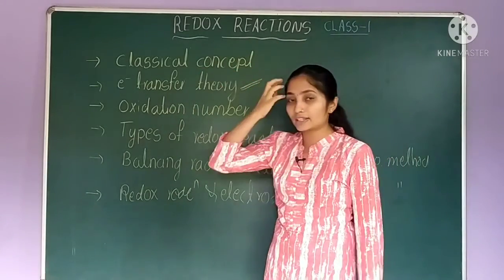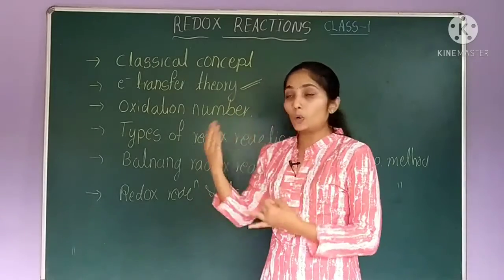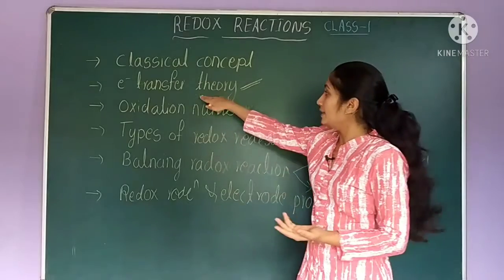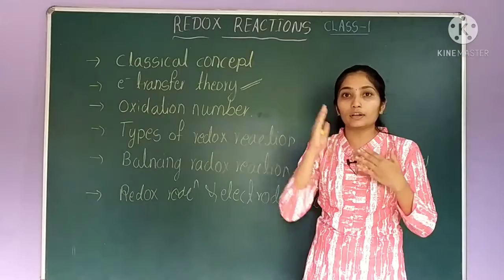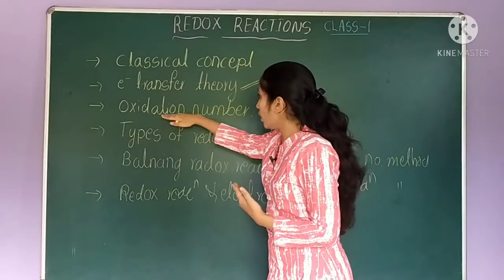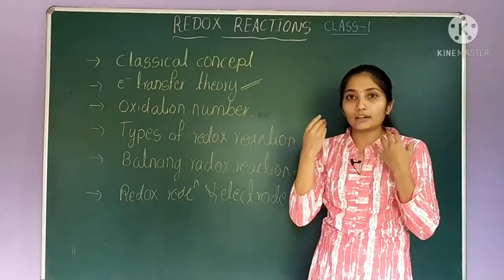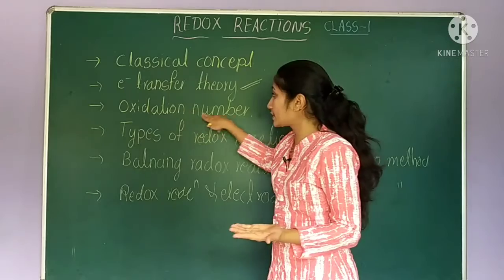First is classical concept. Under classical concept, you will study the old definitions of reduction and oxidation. In electron transfer theory, you will study the movement of electrons during redox reaction. In oxidation number, to find whether an element is undergoing oxidation or reduction, you should study its oxidation number.